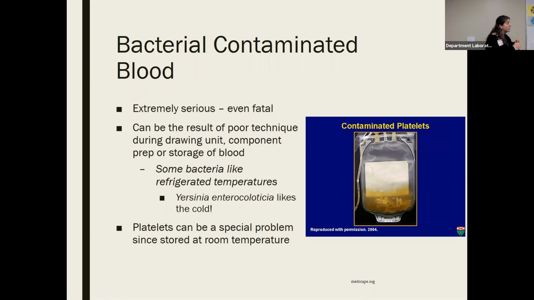And so there are some organisms, Yersinia enterocolitica is one of them, that can survive at 4 degrees, okay? So if you don't properly cleanse your venipuncture site during the collection, if there is any type of interference in that closed system during the donor component processing, and then if there's any variance in your storage temperature, that can cause contamination in the product, okay?